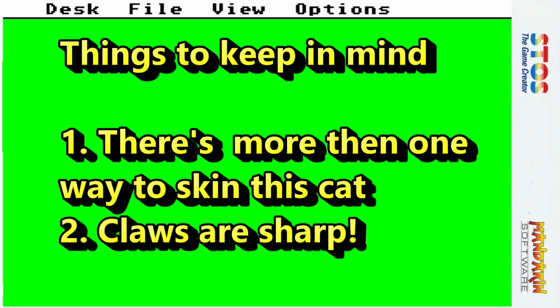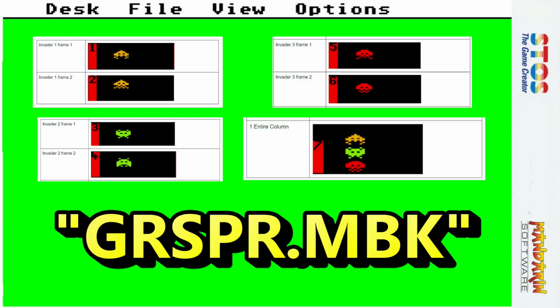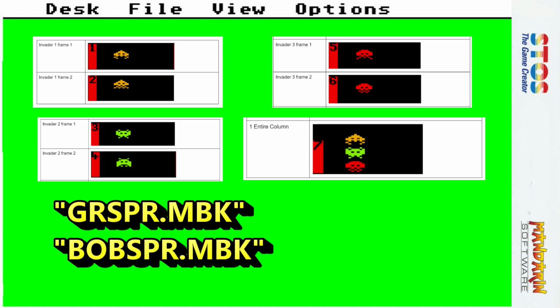Also, we will use any part of standard STOS or an extension that we feel will give us the best gameplay. I've saved all these sprites in a memory bank called grspr.mbk. We've also created a MissingLink Bob file called bobspr.mbk. We will explain how to use this file in our final test, number 6 for the day.